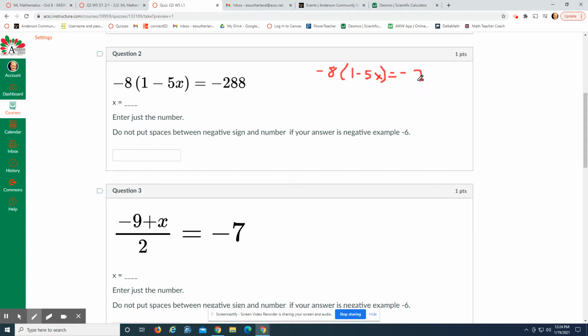Now, -8 times 1 is -8. -8 times -5 is +40. The x comes with it. Still equal to -288.